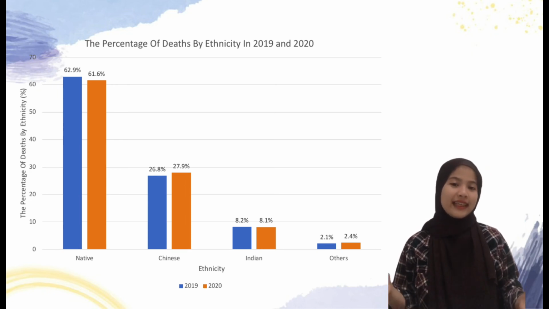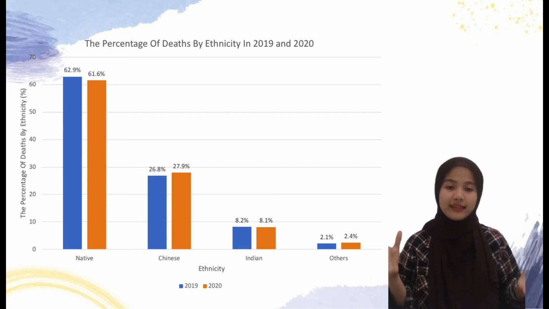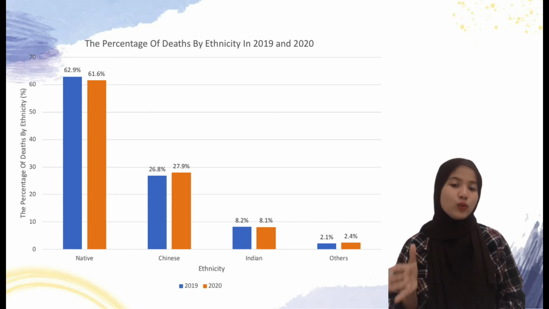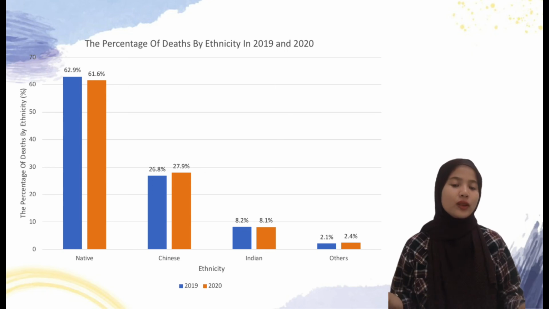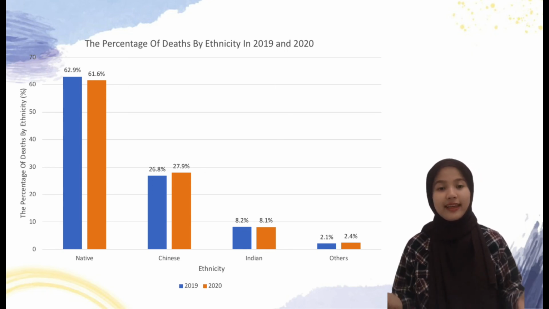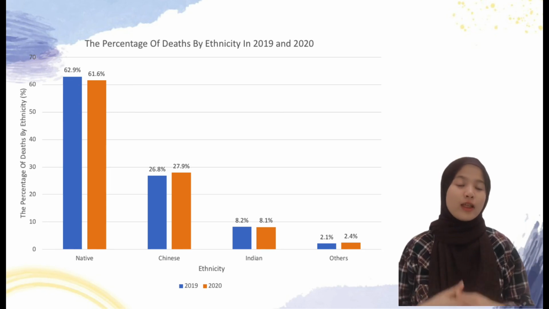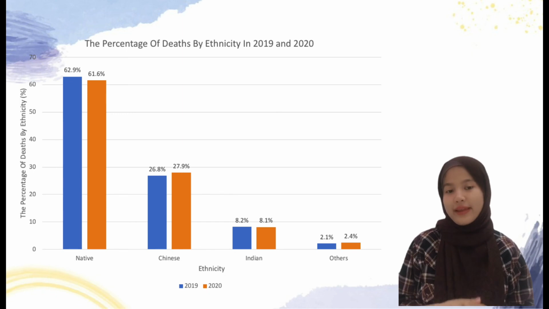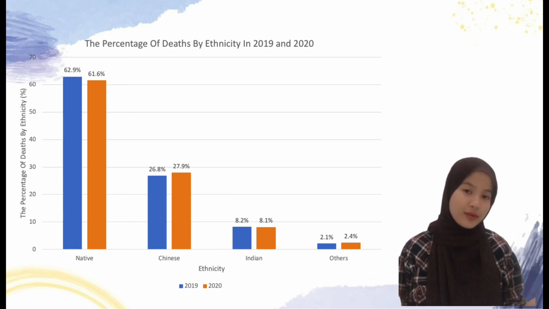Next, in 2019 and 2020, the percentage of deaths by Indian ethnicity is lower by 18.6% in 2019 and 19.8% in 2020 compared to the Chinese ethnicity. Next, Indian ethnicity recorded almost the same percentage of death at 8.2% in 2019 and 8.1% in 2020 respectively.